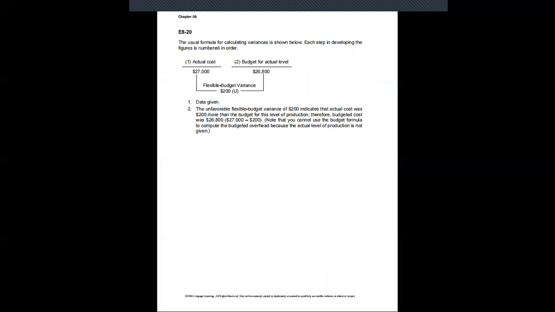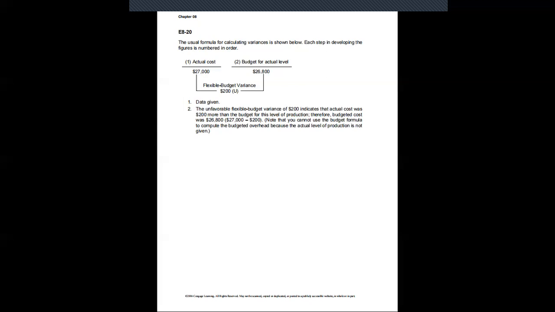The overhead application rate for a company is 2.50 per unit, made up of 1 peso for fixed and 1.50 for variable. Normal capacity is 10,000 units. In 1 month, there was an unfavorable flexible budget variance of 200. Actual overhead for the month was 27,000. What was the amount of budgeted overhead for the actual level of production?